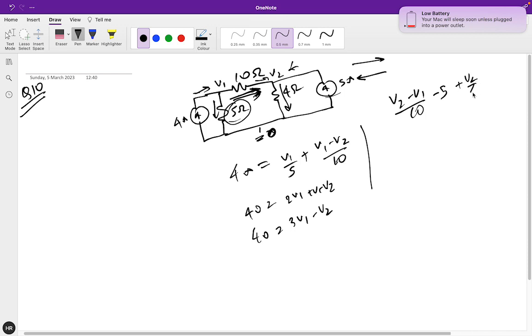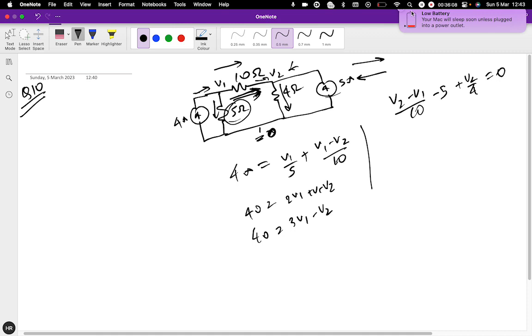You will get the same thing only. If you assume the current in this direction, then (v1 minus v2) by 10 will come. And if you assume the current in the other direction, then (v2 minus v1) by 10 will come. You need to apply only the incoming current and outgoing current, and you will get the same thing.